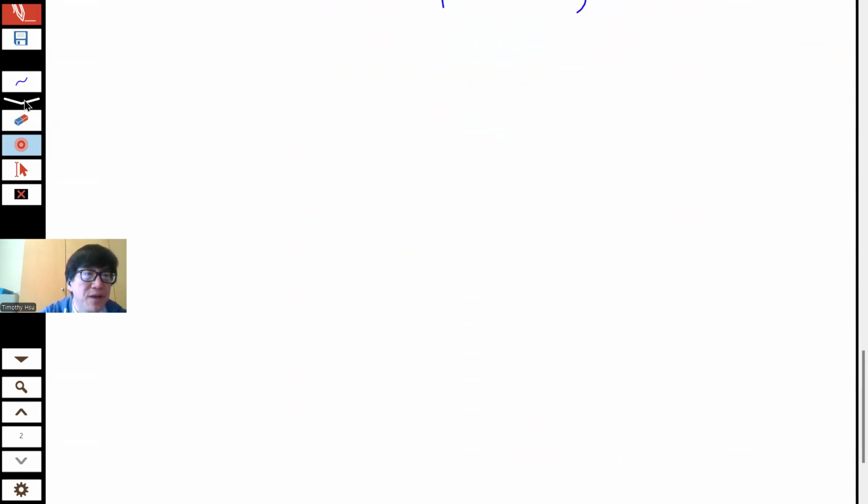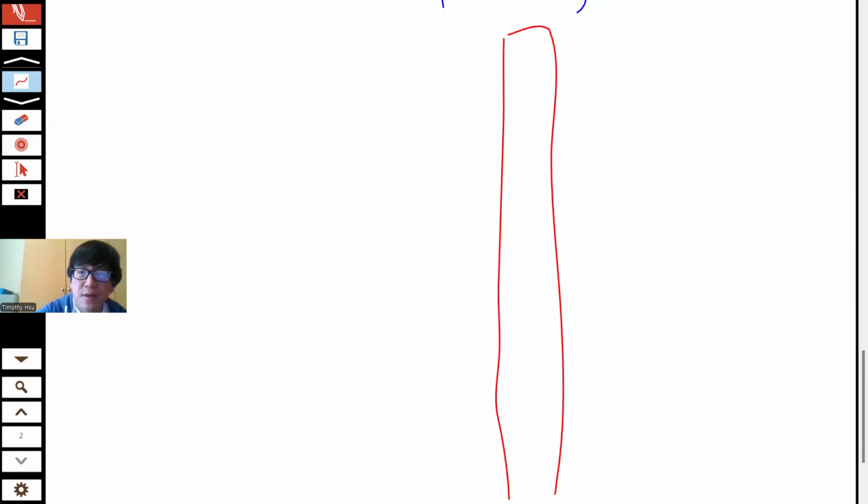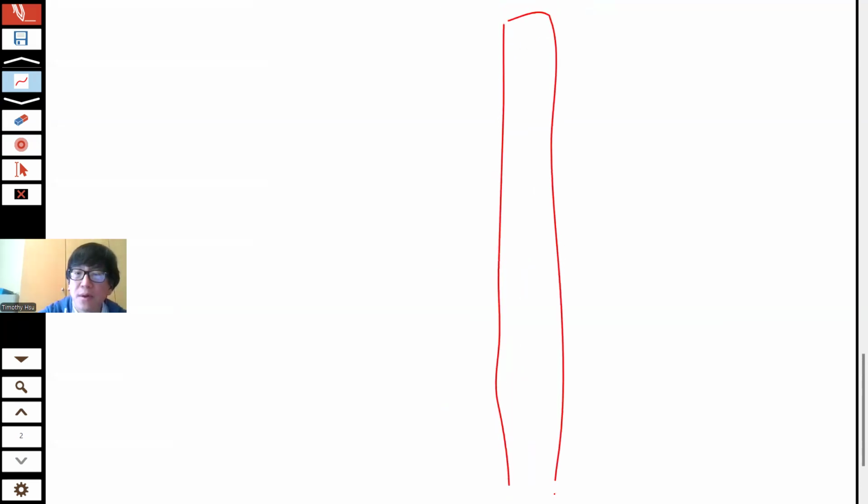So for the subgroup subdiagram, I need to have 12 boxes here. Oops, that was not quite wide enough. Let me be optimistic and think I can fit 12 boxes in here. So that's 6 boxes apiece. Yeah, this will work.